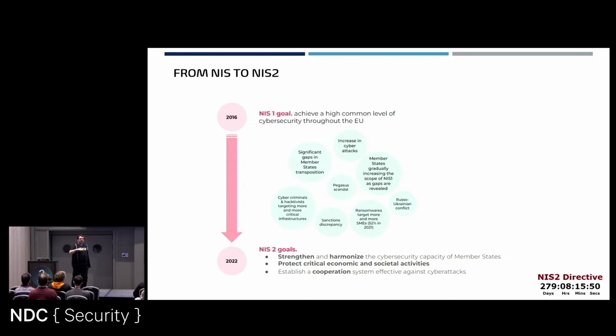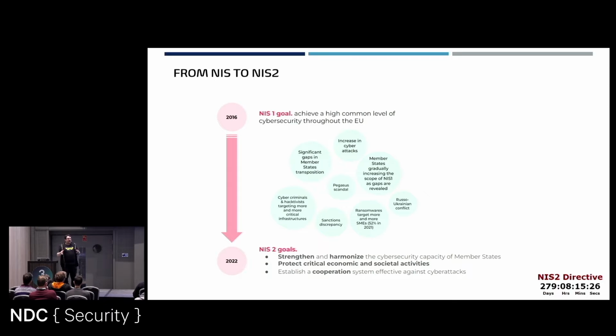A directive, on the other hand, whenever it's passed in the Council, Parliament, whenever it's voted in, the member states individually need to implement legislation to cover the directive. So in some cases, that piece of law which goes into each member state might differ from another member state.